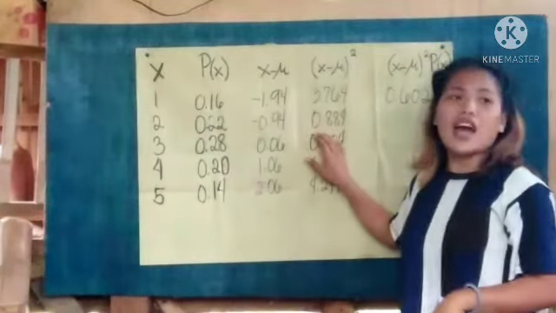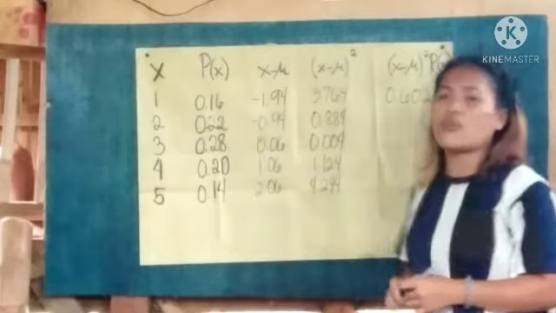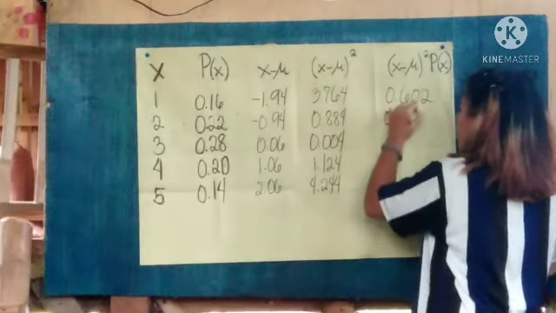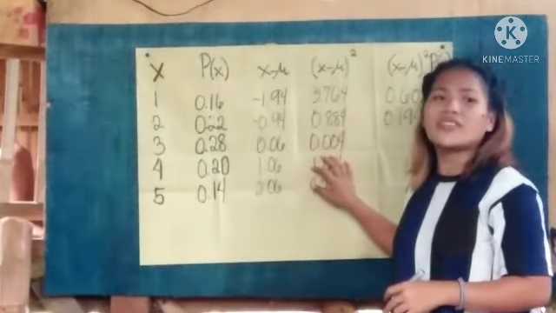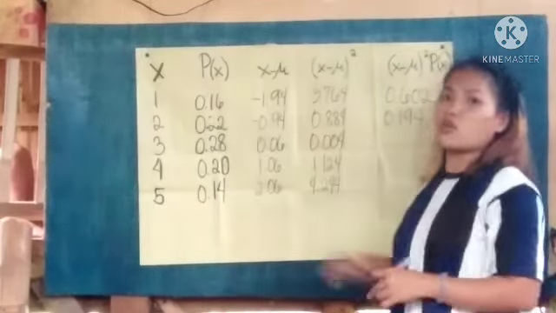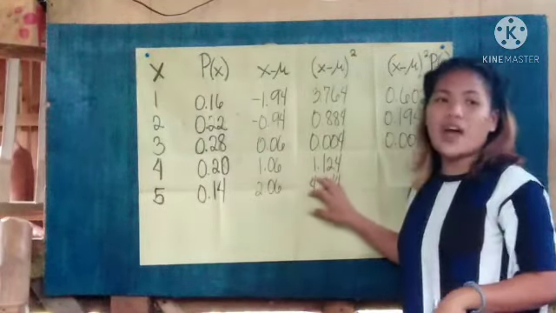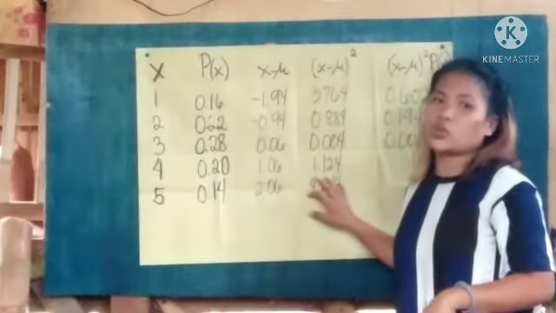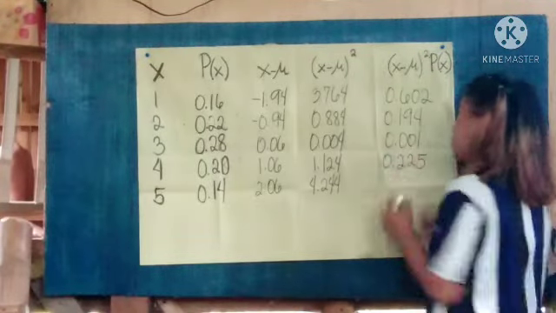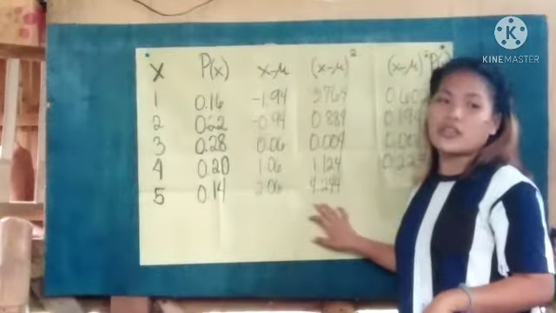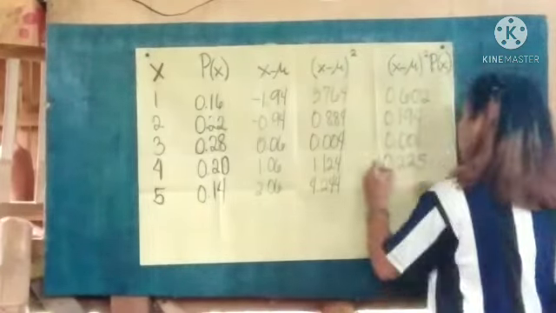Then, 0.884 times 0.22 is equal to 0.194. 0.004 times 0.28 is equal to 0.001. 1.124 times 0.20 is equal to 0.225. 4.244 times 0.14 is equal to 0.594.